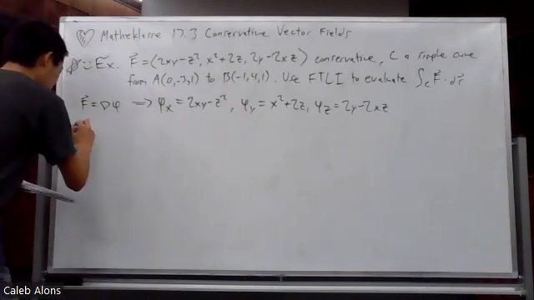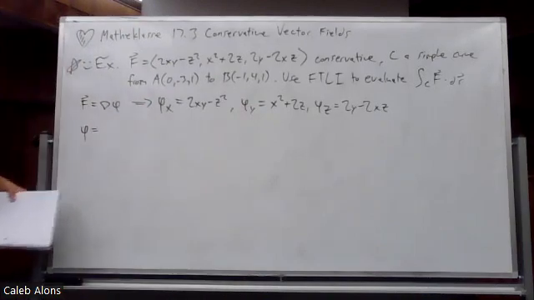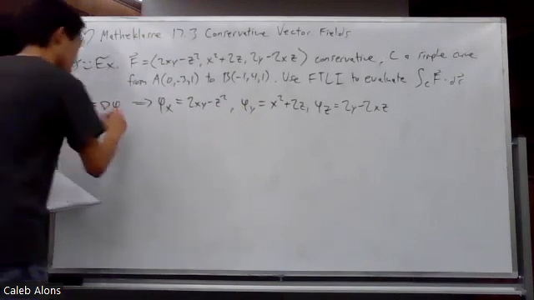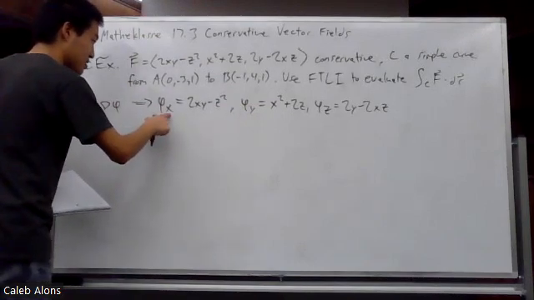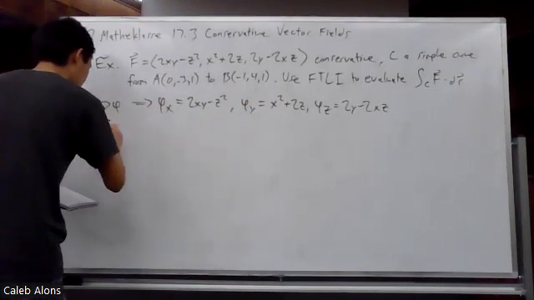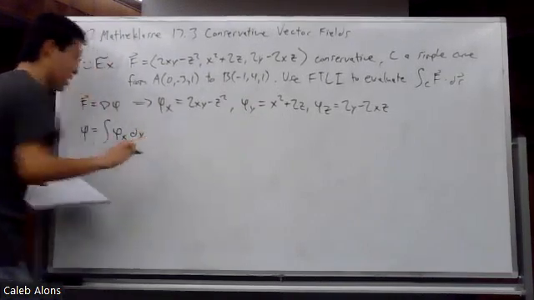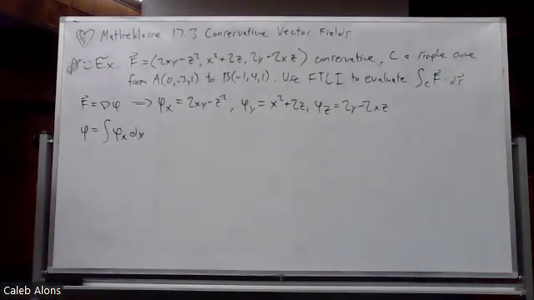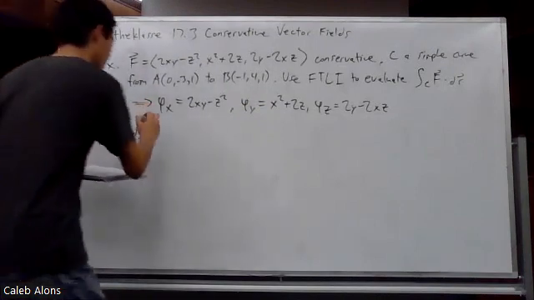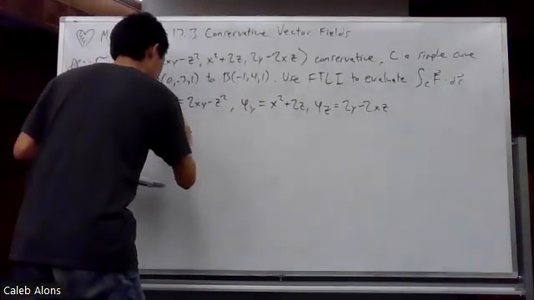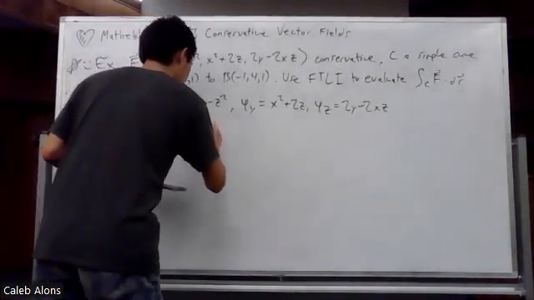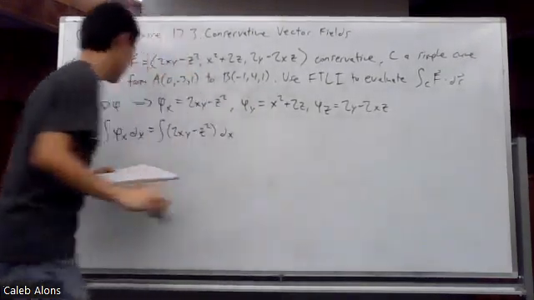The goal here is we're just trying to solve for phi. If we integrate phi x with respect to x in a normal integral, technically you're getting back to phi, right? So this would be the antiderivative of 2xy minus z squared dx.